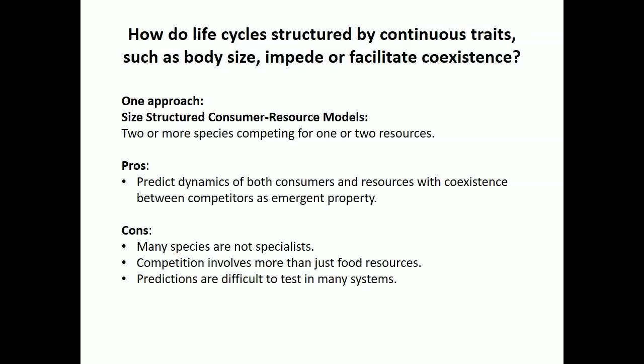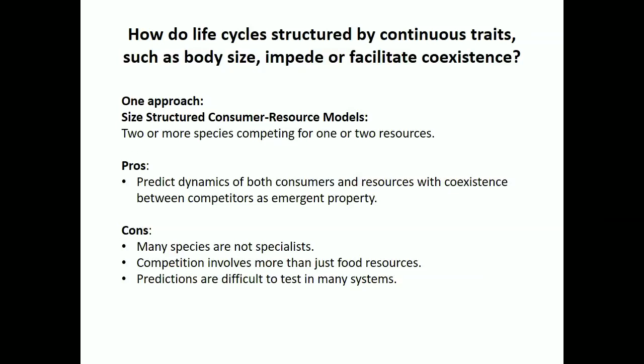But oftentimes, because they're consumer resource models, they envision species competing over one or two different resources, but unfortunately, a lot of species are not specialists, and so it's unclear how well these models translate. Also, competition involves more than just food oftentimes. But probably most importantly, the predictions from these models are often very difficult to take out into the field and test.